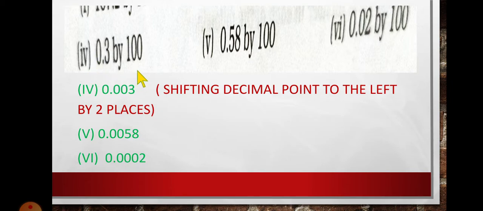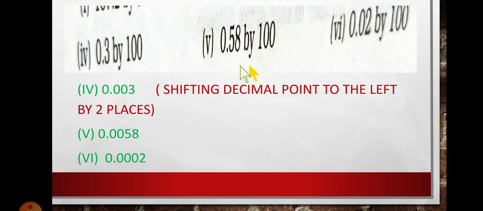Actually we want to shift the decimal by 2 places. There is only one place, so we insert 2 more zeros. Then we shift the decimal, so 1 and 2. So now our answer is 0.003. Shifting the decimal point to the left by 2 places. Firstly we insert the zeros and shift the decimal by 2 places.